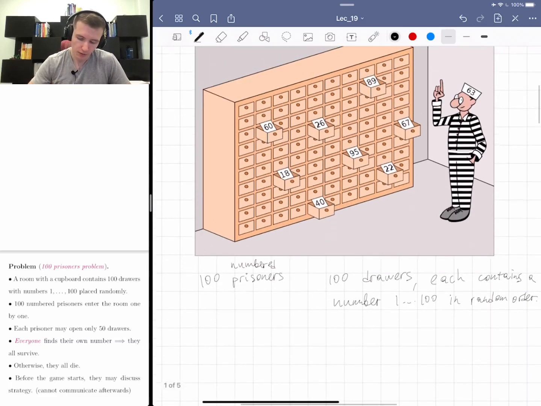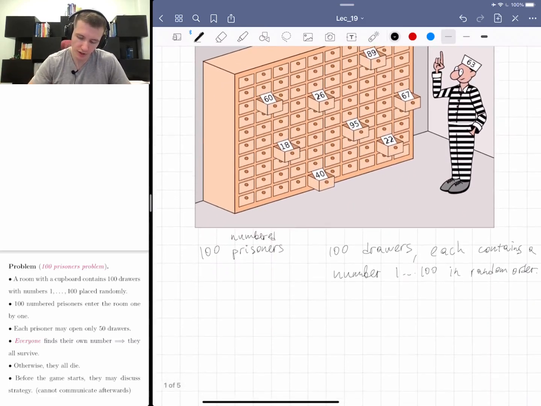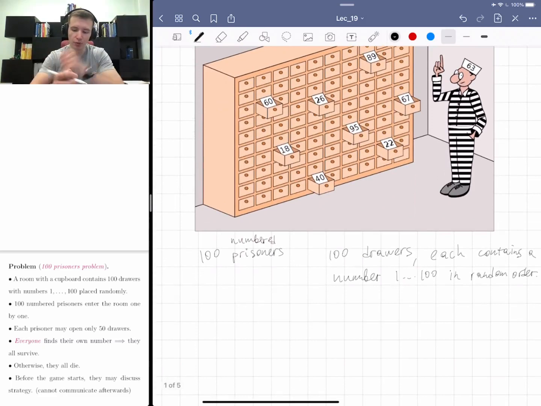Right, so each number appears exactly once, but they are permuted randomly inside these 100 drawers.